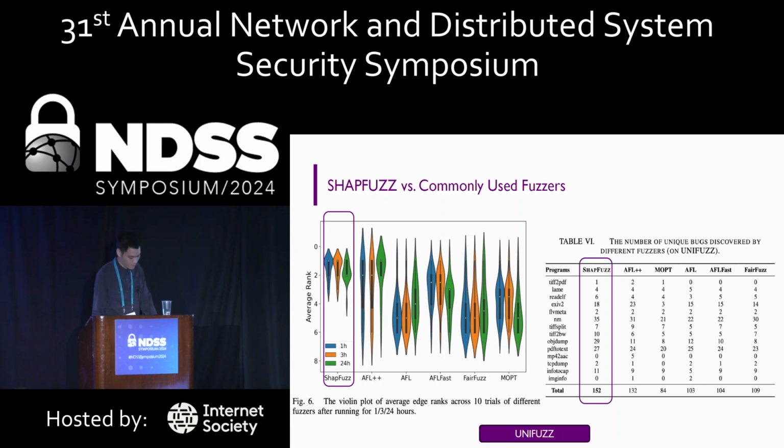First, on the UniFuzz benchmark, ShapFuzz discovers the most new edges at both 1 hour and 3 hours. Additionally, ShapFuzz finds a total of 150 bugs, which is around 20 more than the best fuzzer, which is, I think, AFL++.